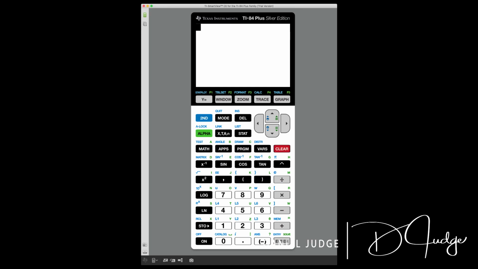Let's add these here. 0.063 plus 0.031. Here's what we get. 0.094.